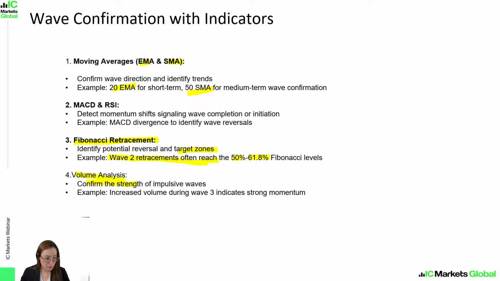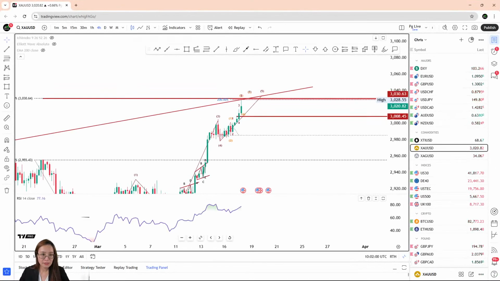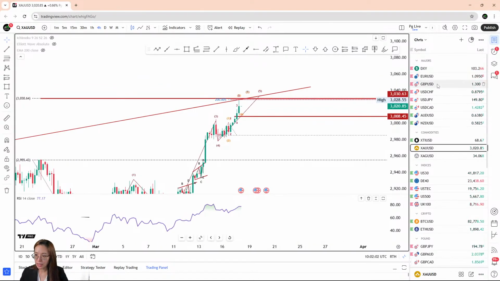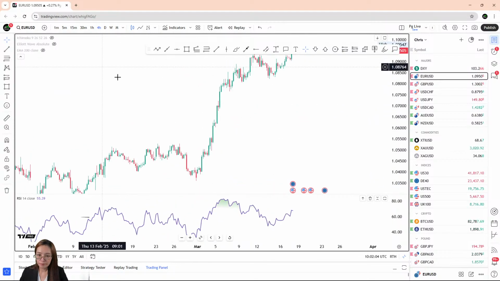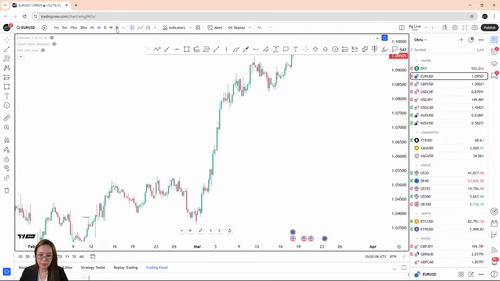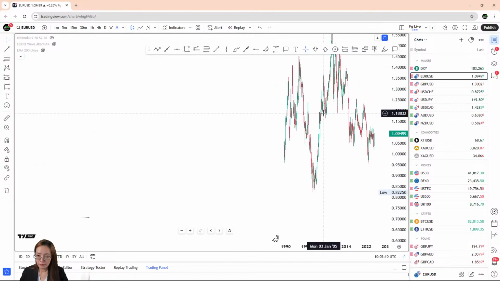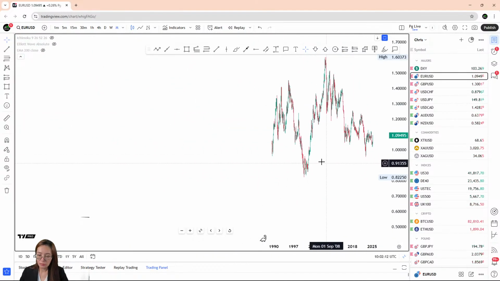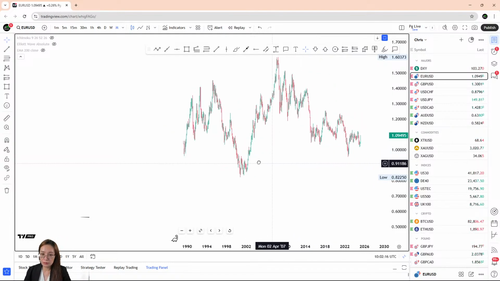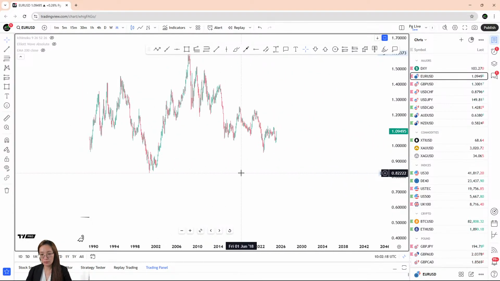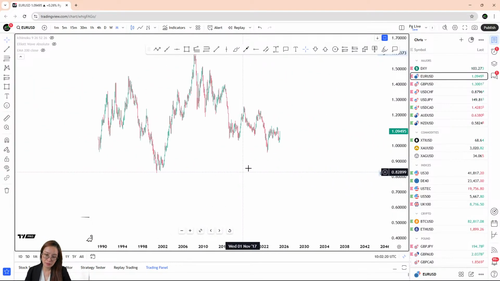Okay, now let's practice Elliott wave using another pair. For example, shall we look at the monthly time frame? Can I just count the wave using the monthly time frame and look for the wave here? Where is the wave?